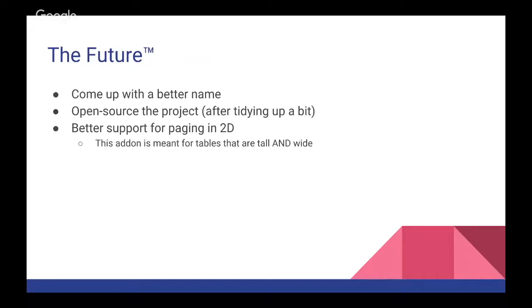It's really similar to the way that Ember Table operates. What that means is when you're loading in your data, you have to load in your whole row all at once. And if your table's super wide, which philosophically this add-on is supposed to support, you're still going to incur a pretty bad performance hit there.